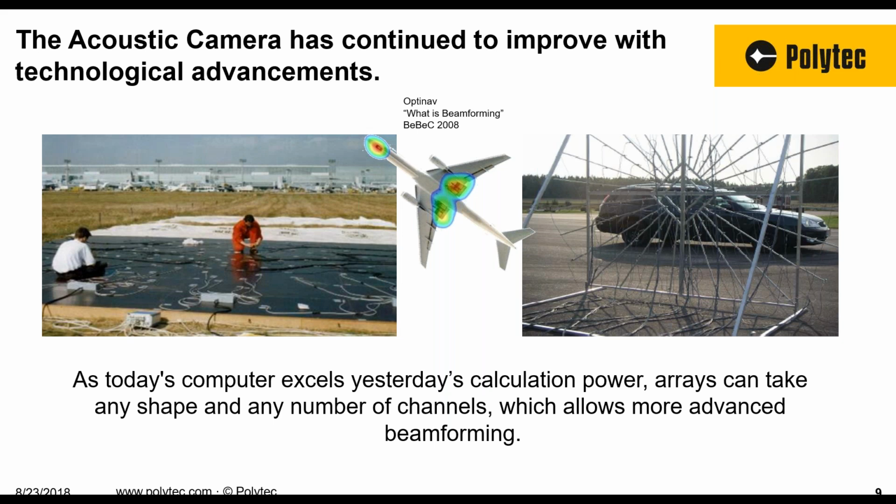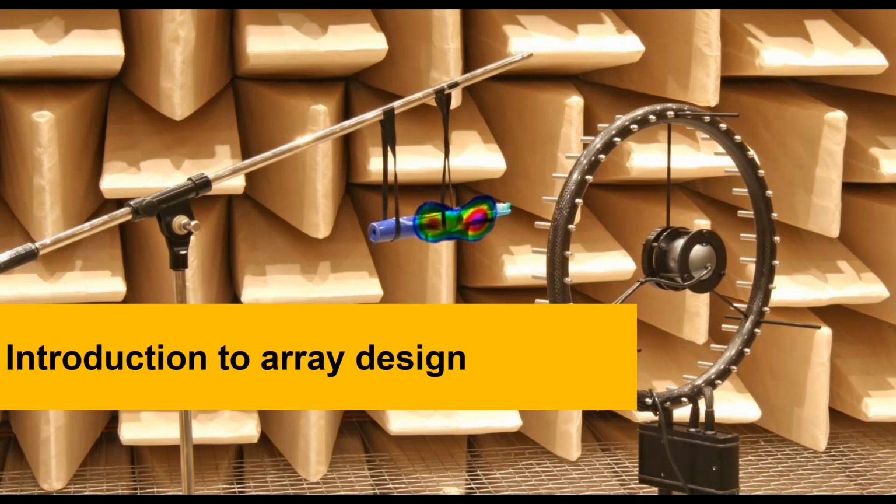That's one example of a use. On the right, you'll see a pass-by measurement on a car. The more channels you have basically allows for better spatial resolution as far as getting the side lobe patterns down. But we'll get into that more in a little bit.